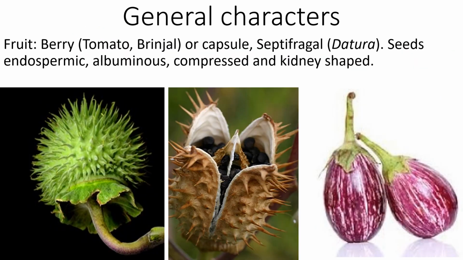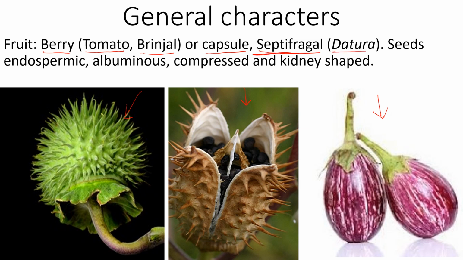Then fruit is berry in case of tomato or brinjal. Berry means multi-seeded fruit, or it is capsule. So capsule type of fruit you can see here. This is capsule, and this is berry. This capsule is called a septifragal capsule in case of Datura.